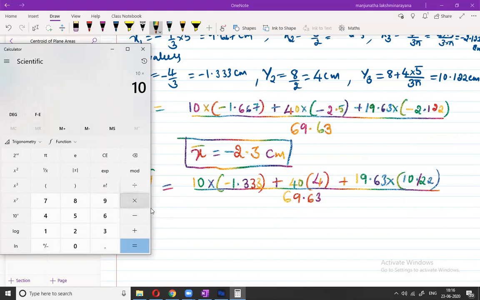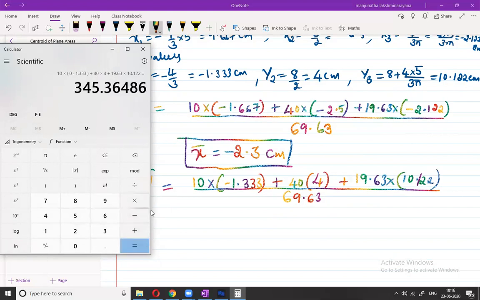Open the bracket, minus 1.333, close the bracket, plus 40 into 4 plus 19.63 into 10.122.